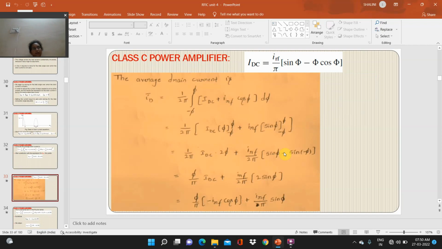So, class C power amplifier. The average drain current we know is written as ID bar is equal to 1 by 2 pi integral from minus phi to phi of IDC plus IRF cos phi d phi.